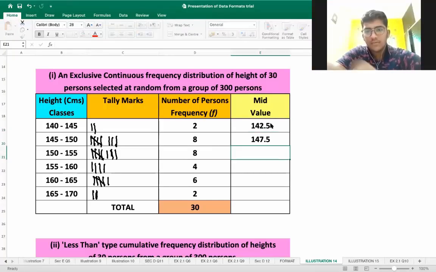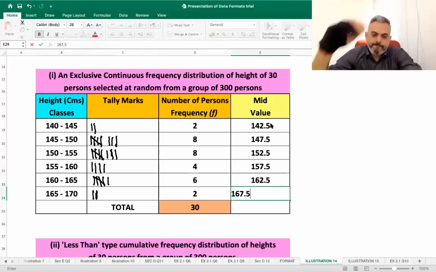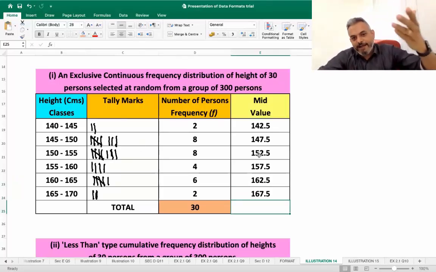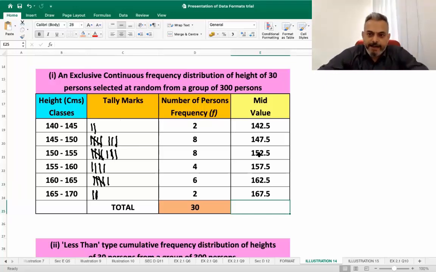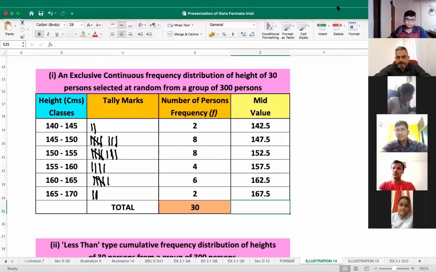Class length is 5, so 152.5, then 157.5, 162.5, and 167.5. That's how we find the mid value. You find the first one and then keep adding 5 because class length is 5. Directly you can do it. Any doubt, anyone? Did everyone understand?